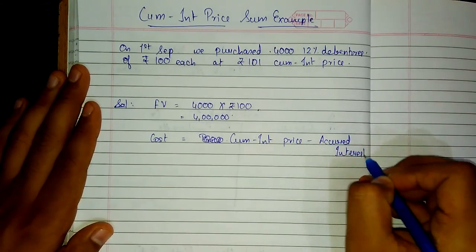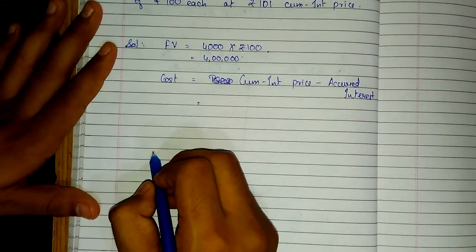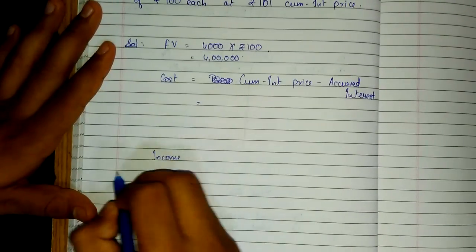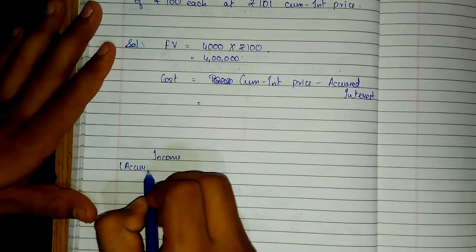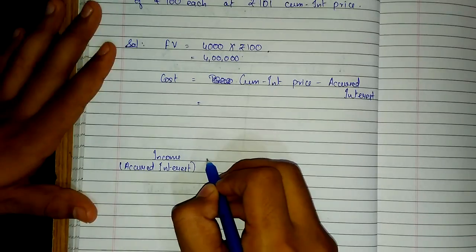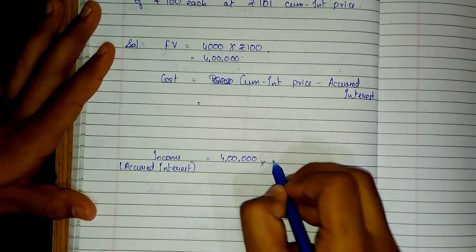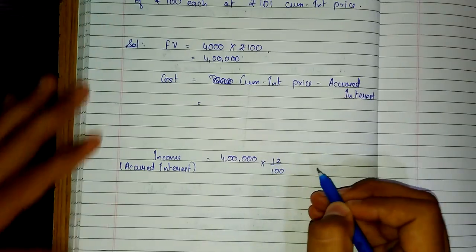Okay, so we have written the formula over here. Now we'll move ahead and calculate income, that is accrued interest. So we'll write firstly the face value amount, 4 lakhs rupees. What is the rate of interest? The rate of interest is 12% divided by 100.